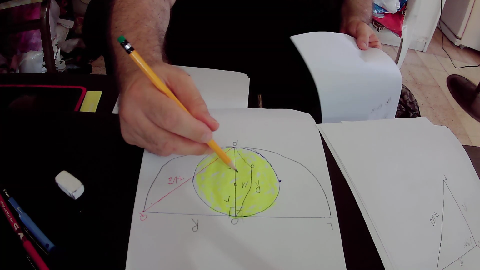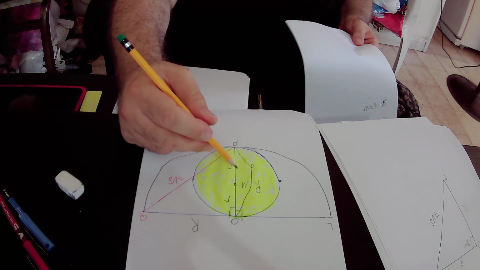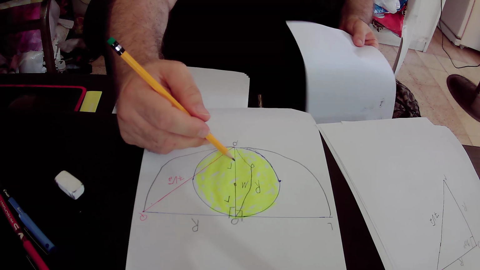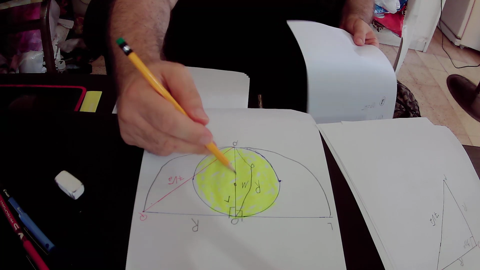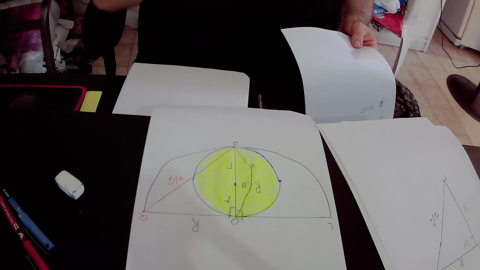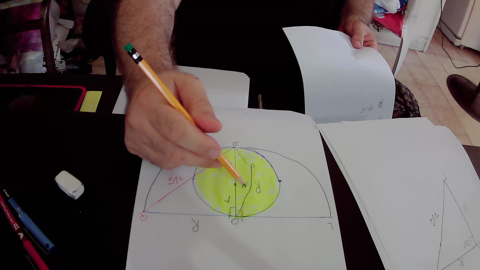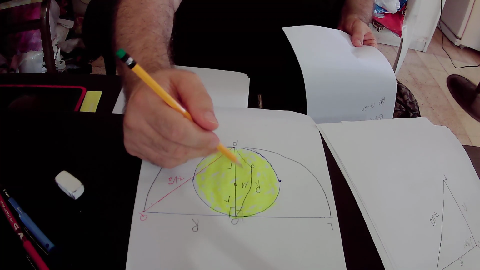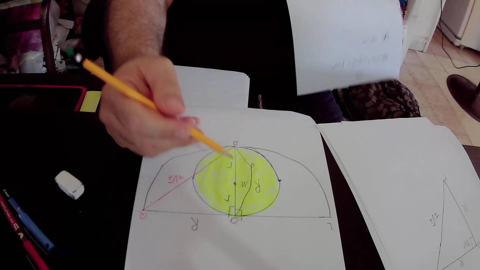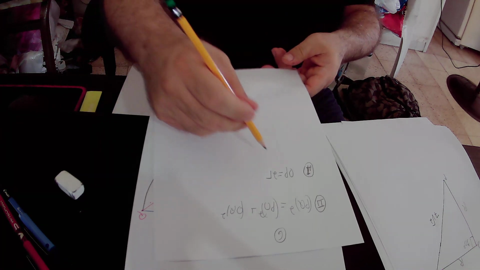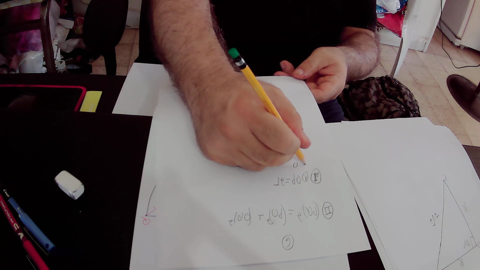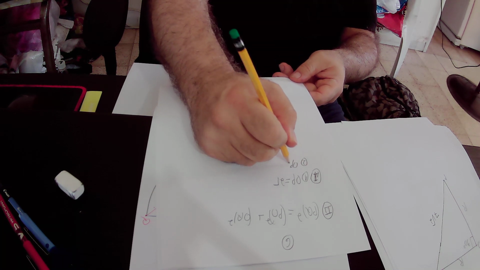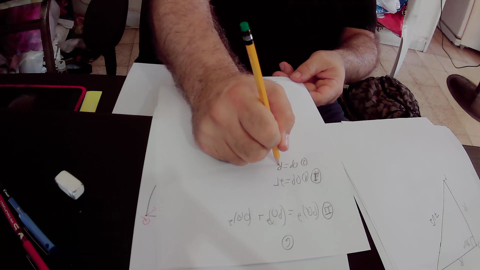We arrive at the conclusion that OP is the diameter of the yellow circle. That is to say, OP equals 2 times small r. But we also know that OP equals the radius of the semicircle, OP equals capital R. Okay? We also know that OP equals capital R.